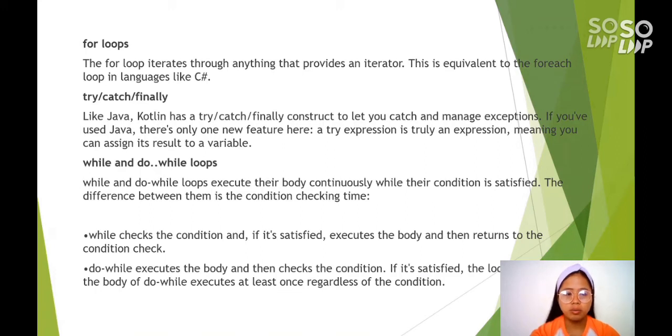While and do while loops. While and do while loops execute their body continuously while their condition is satisfied. So meaning, the while and do while loops continue executing until the condition is satisfied.